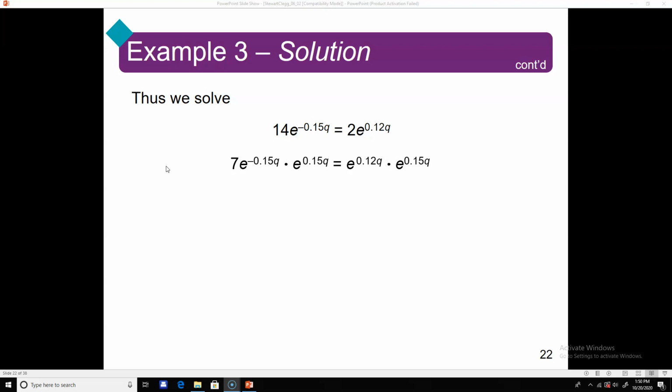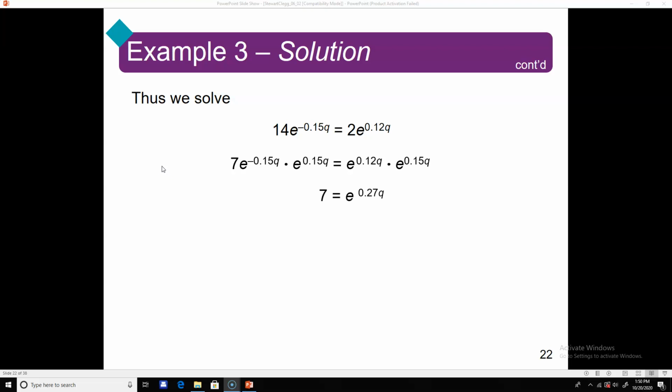Actually, implicitly here, they did one step before multiplying by e to the 0.15q. They divided both sides by 2. So when you divide the left side by 2, you're left with a 7. On the right side, you just have the exponential. Then adding the exponents on the right is going to leave us with e to the 0.27q. So we have 7 equals e to the 0.27q.